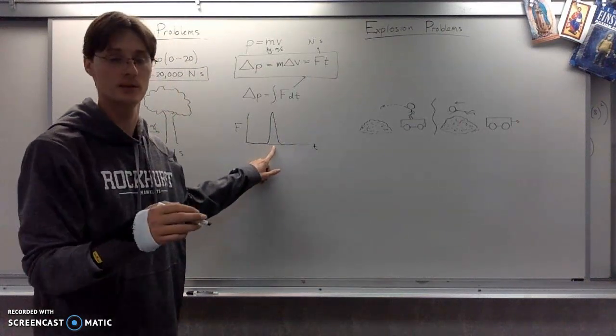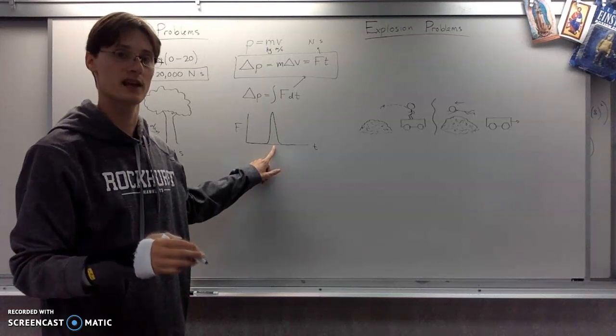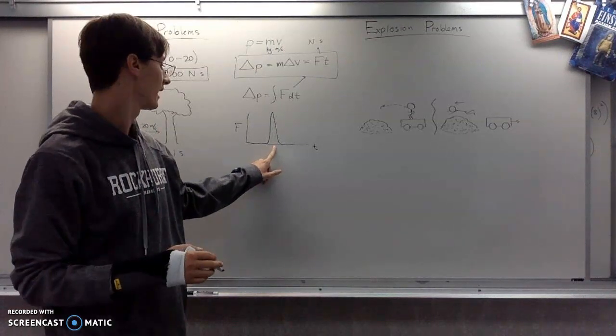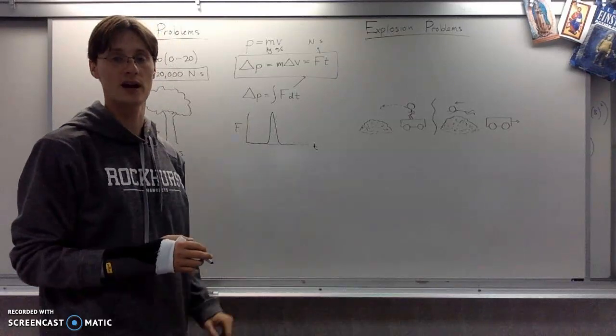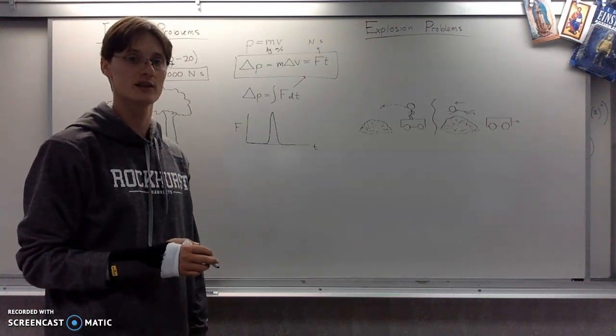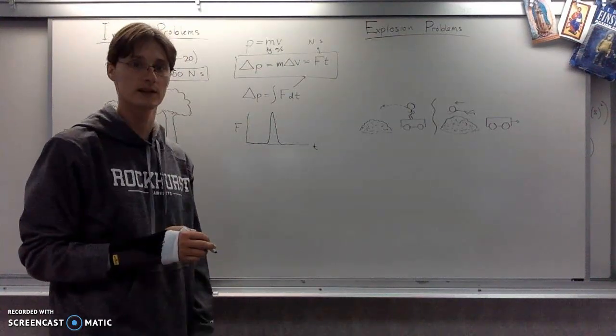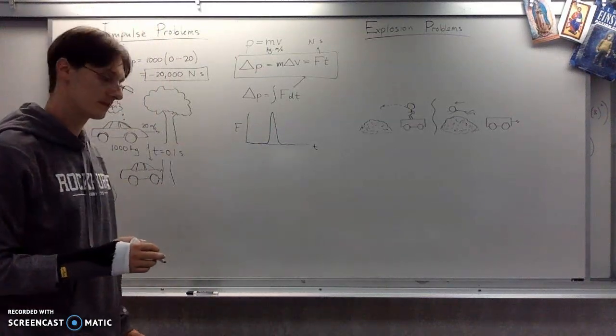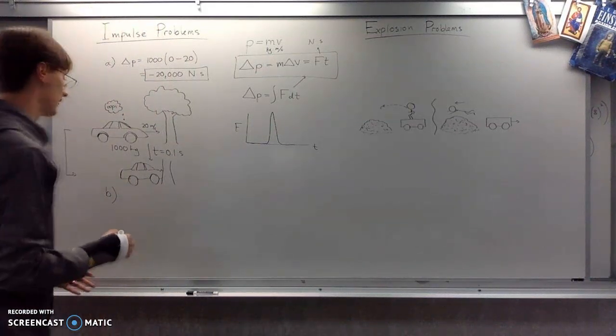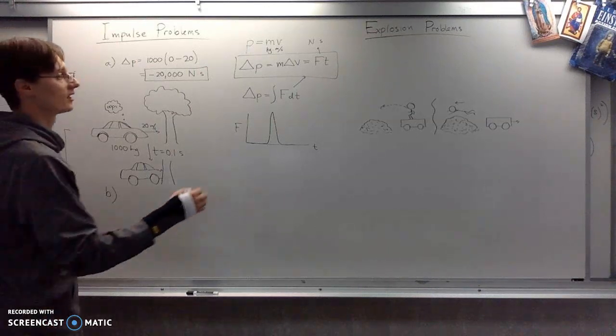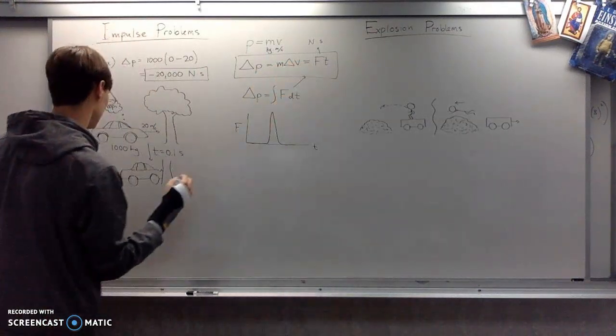There's some maximum force that you reach that's sustained for a very short amount of time, and then force starts to drop off after that. Most collisions actually are going to look something like that. But be that as it may, we'll calculate here the average force using these two equations put together.